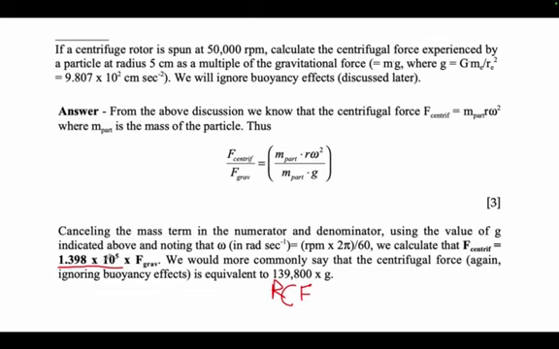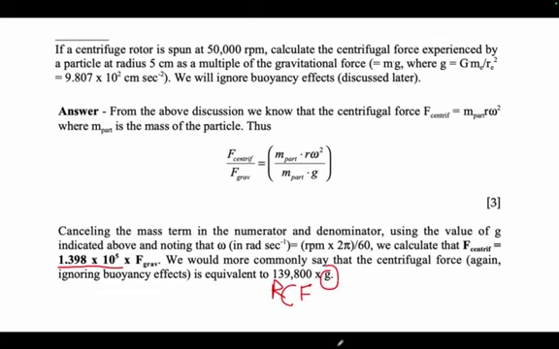3.98 into 10 raised to 5 into g. So the other way to express this is just to say that it is 1.398 into 10 raised to 5 into g. Okay.